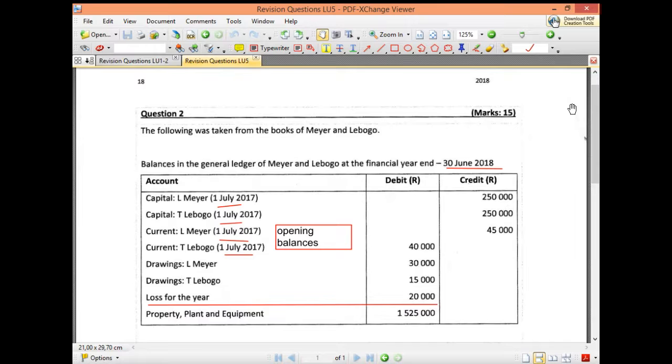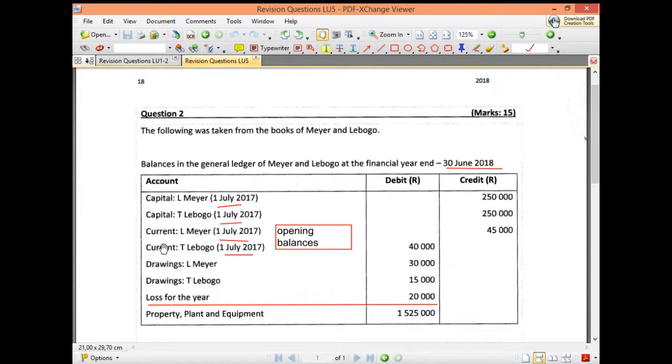You need to make sure when you go through a table like this, if there are any balances which have not been adjusted as yet. So the fact that they've given us the opening balances means that if we have to calculate any interest on it and it's at the beginning of the year, we don't have to adjust it. Otherwise, you would have to take the closing balance and then adjust it for any movements.